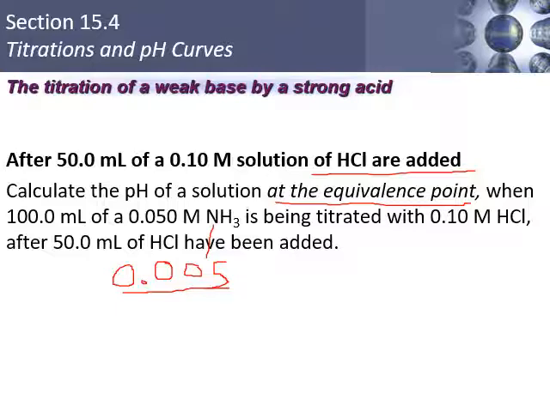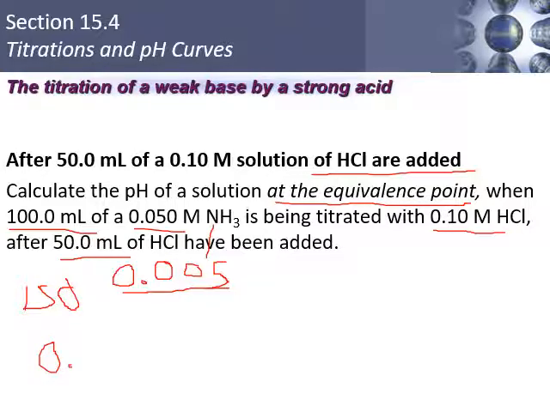These concentrations weren't the same, so we wouldn't have the same volumes of the acid and the base, but we know how much the total volume is because they told us that we had 100 milliliters of the base at the beginning and they've added 50 milliliters of the acid. So we have a total of 100 plus 50 is 150 milliliters or 0.15 liters. So that's going to be our total volume.